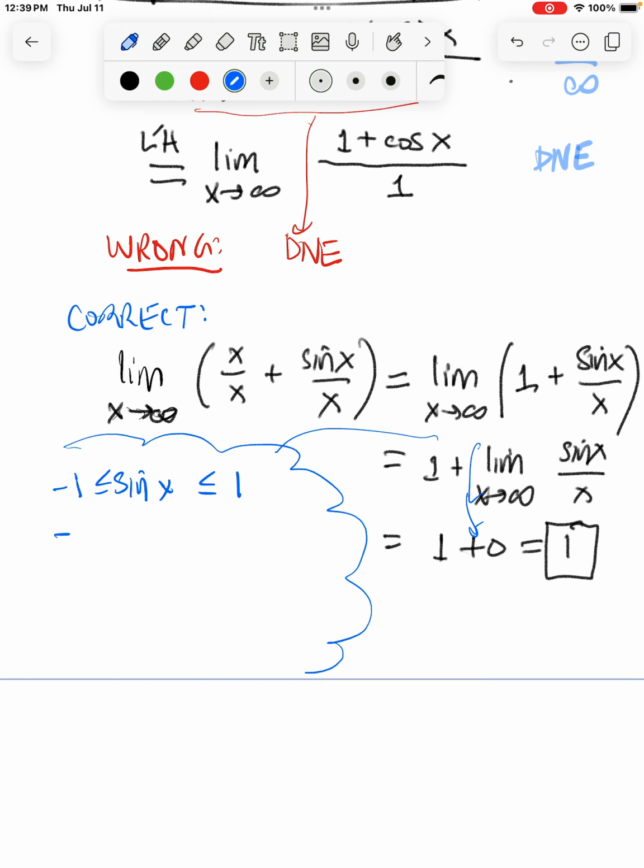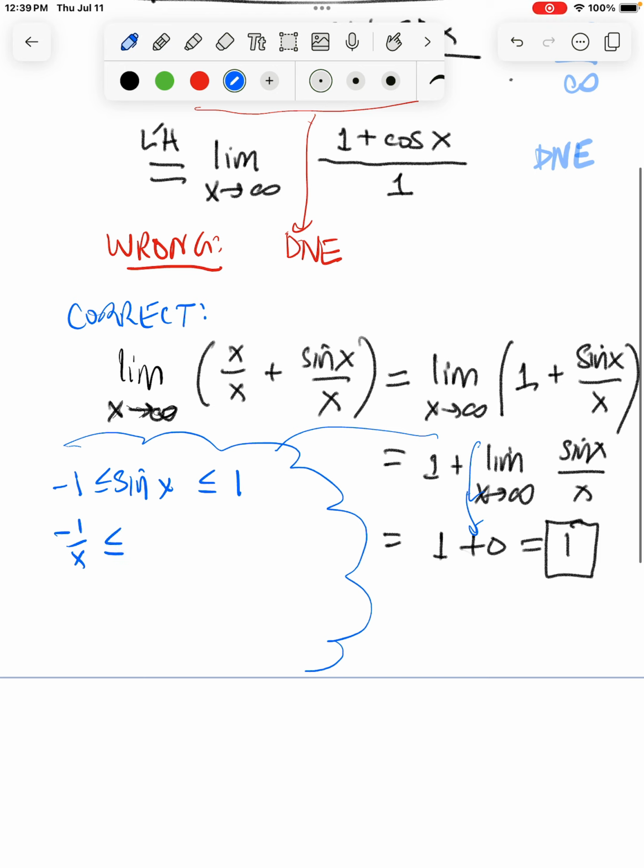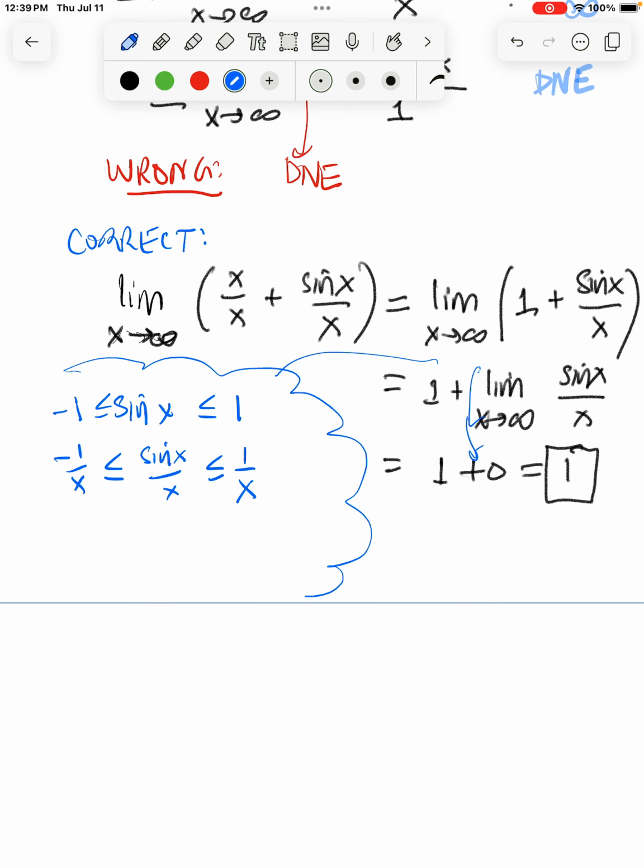And so therefore, when you divide by x, and since x is positive, the inequality signs don't change. And when you have this function, sine x over x, in between two other functions, if these two approach the same limit, then the inside also has to approach that limit.